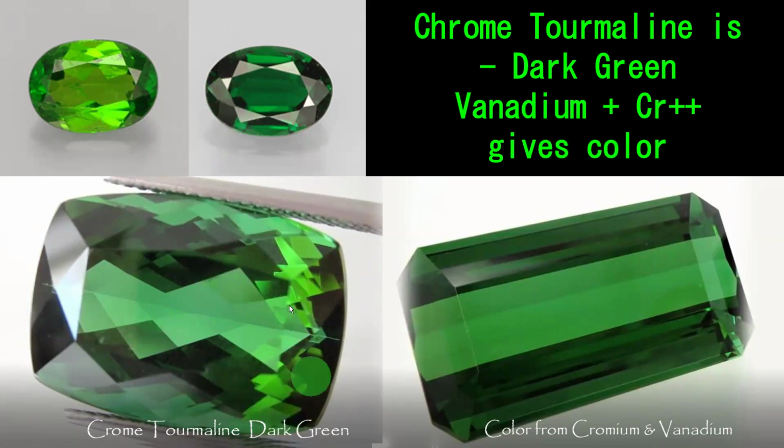Here, chrome tourmaline dark green, color from chromium and vanadium. These are the vanadium-mixed tourmaline colors. One student called me after this lesson. He found a good vanadium tourmaline stone, 10 plus carat. So it is nice to hear like that.